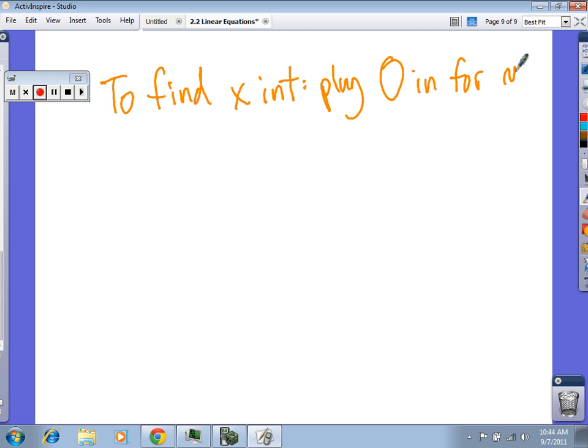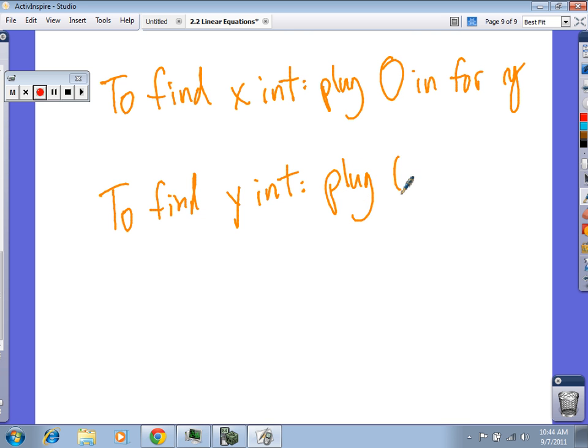You're going to plug it in for the y. And step 2, to find the y-intercept, plug 0 in for x. So it's pretty easy. If you're looking for the x-intercept, plug 0 in for y. And vice versa. You ready for some practice?